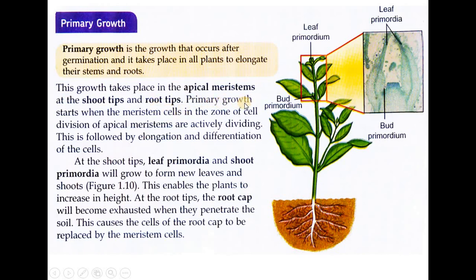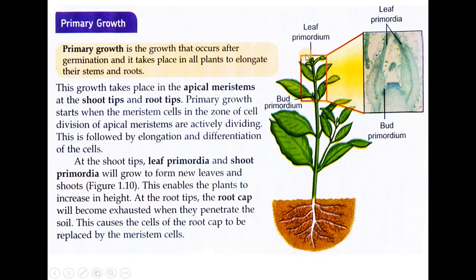Primary growth starts when the meristem cells in the zone of cell division of the apical meristem are actively dividing, followed by elongation and differentiation of the cells. At the shoot tips, leaf primordia and shoot primordia will grow to form new leaves and shoots.